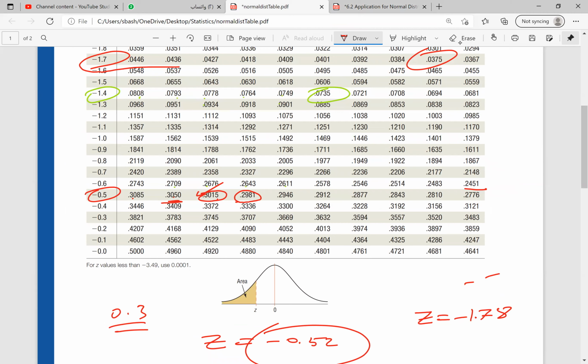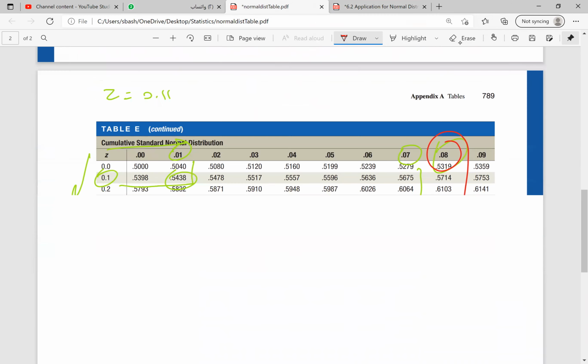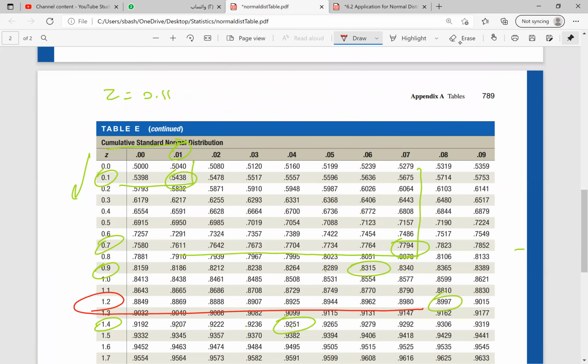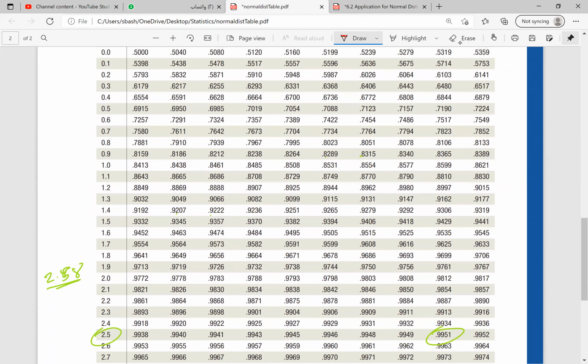We need to look for 0.9. It is in the positive side. Try to find 0.9 in the values of the table.